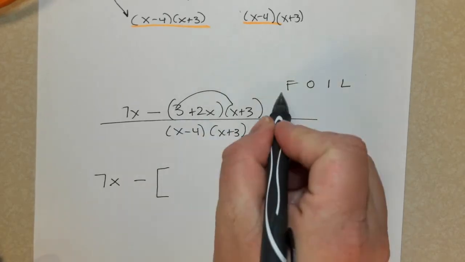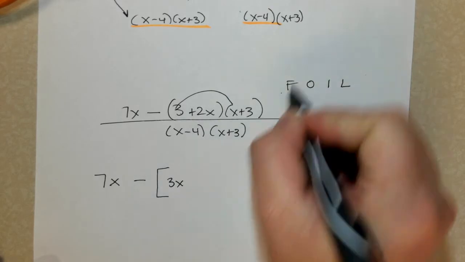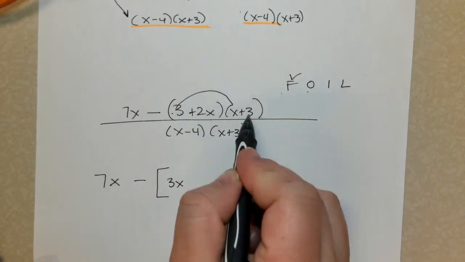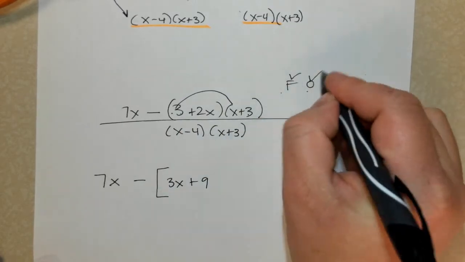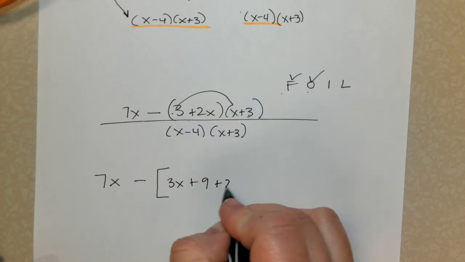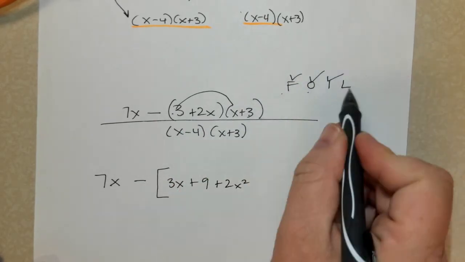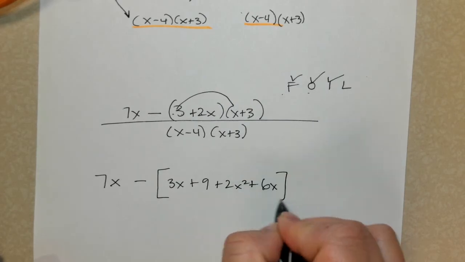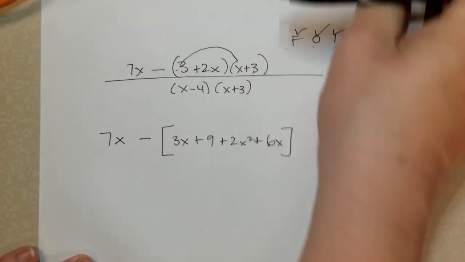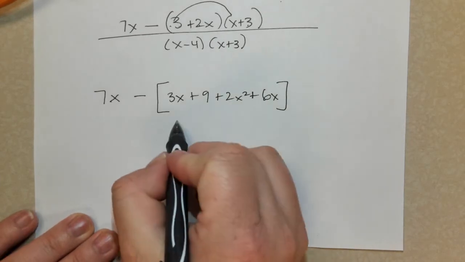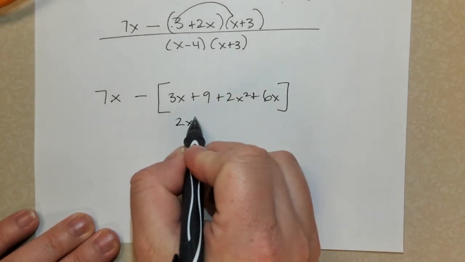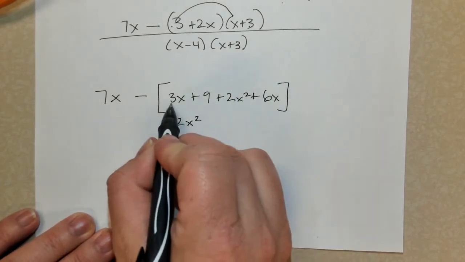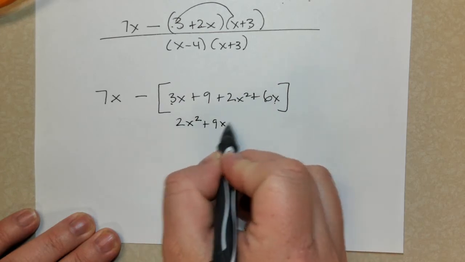So here we go. Multiplying the front to get 3x. Multiplying the outside to get positive 9. Inside is going to be plus 2x squared. And last is going to be plus 6x. Now I'm going to combine like terms here and put it in standard form. So I have 2x squared, 3x and 6x, 9x plus 9.